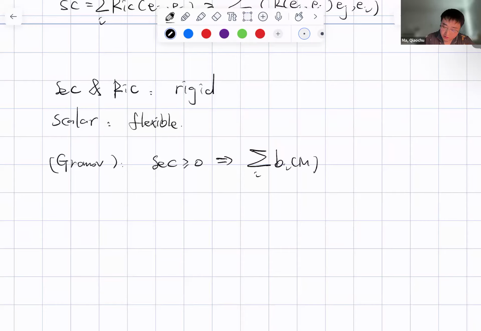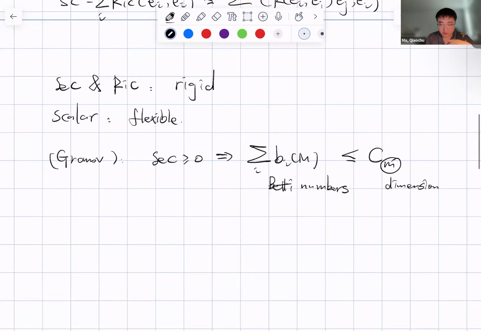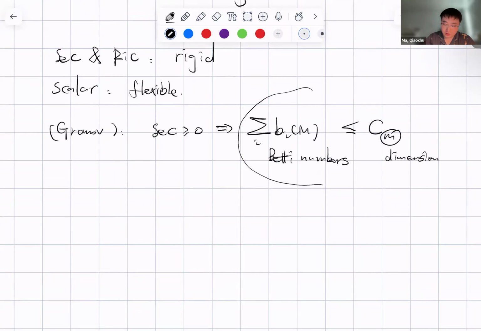This sum of b_i is the sum of Betti numbers, and it has an upper bound C_m, a universal constant that depends only on the dimension. So we can see that if you pose some bound on curvature, you get a very strong constraint on the global topology of the manifold. The manifold cannot be very complicated, because the Betti number has a universal upper bound.